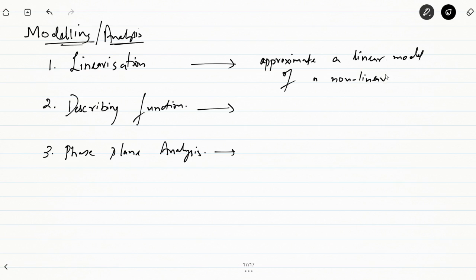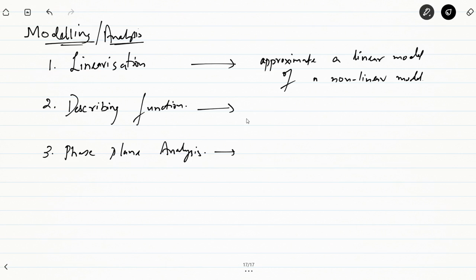If you have any nonlinear system, instead of using its nonlinear equations for analysis, we linearize its basic equation, and from that linear equation we'll be able to analyze the system for its properties, for its stability, etc. So linearization simply involves linearizing the non-linear equation of that system.